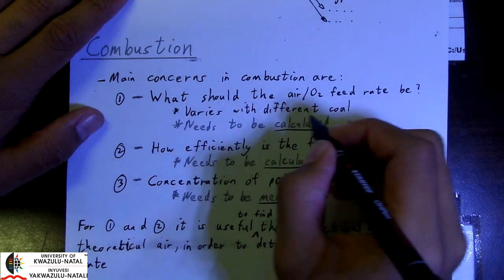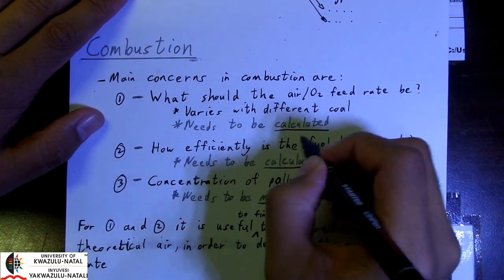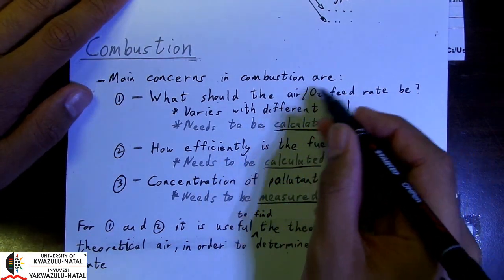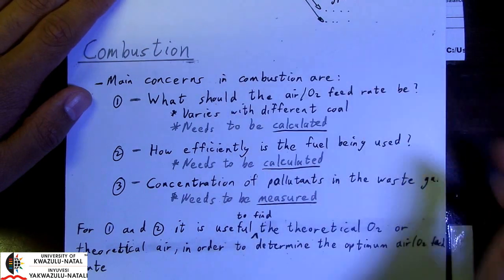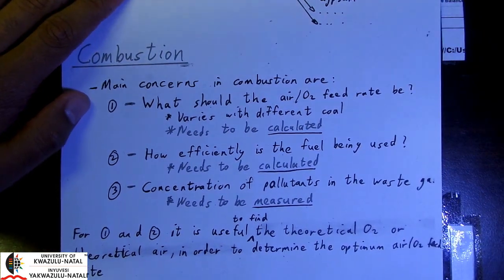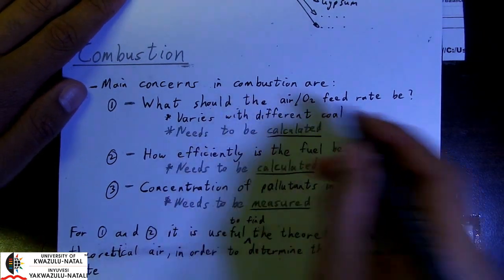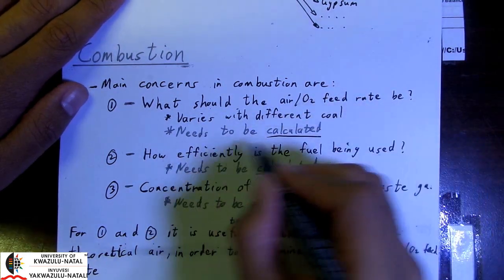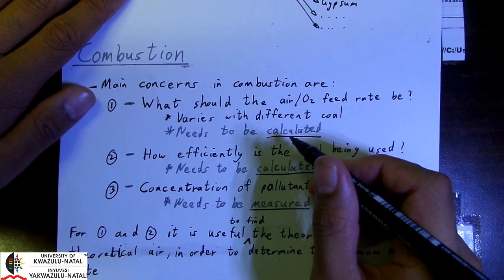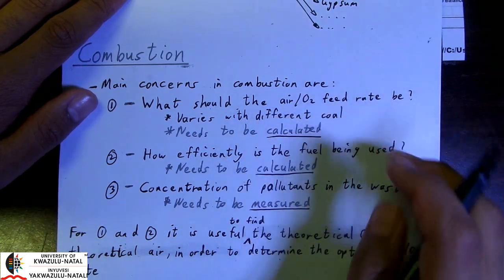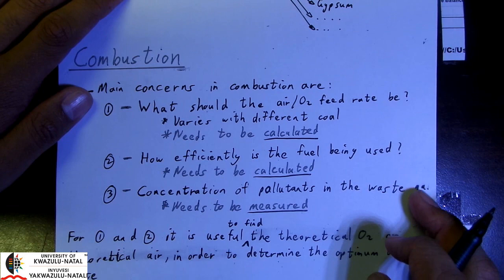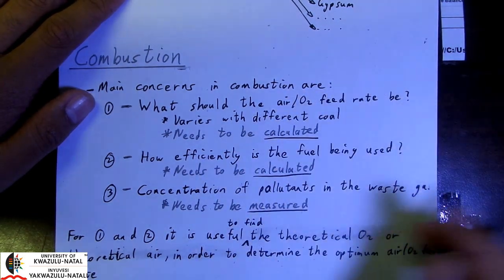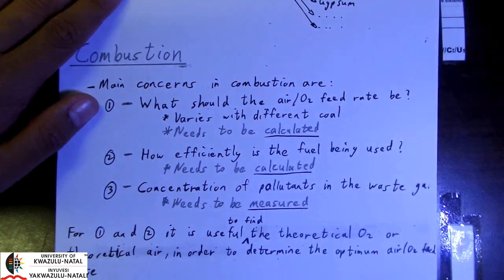This varies with different coal, and needs to be calculated, because if we have too much air input or oxygen input, then we will get non-ideal results, overheating, and if there is not enough oxygen, then we can potentially get undesirable products, extra greenhouse gas emissions, as well as the emissions of further pollutants that haven't been completely converted due to the low oxygen rate.